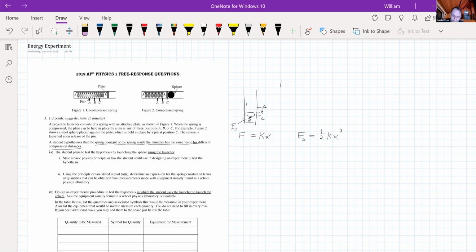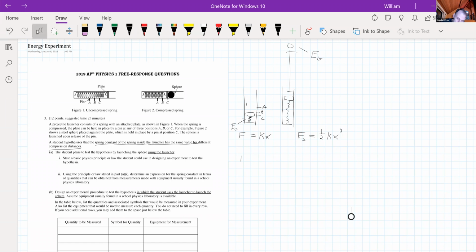And then once I release the system, I let the spring go, it shoots the ball up in the air, and it hits this height, right? So we're going to have a transfer of spring energy into gravitational potential energy.